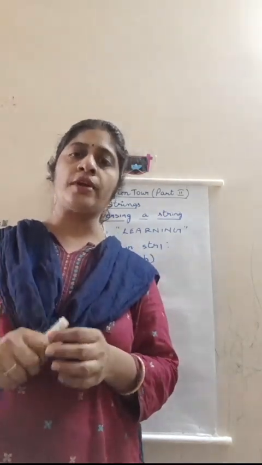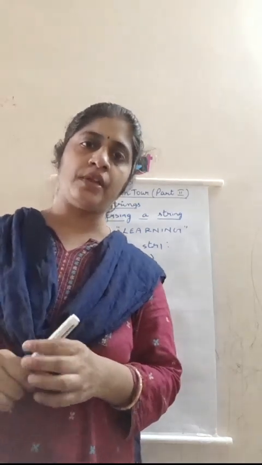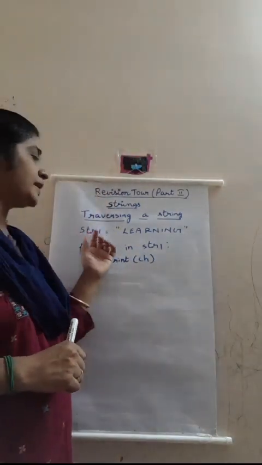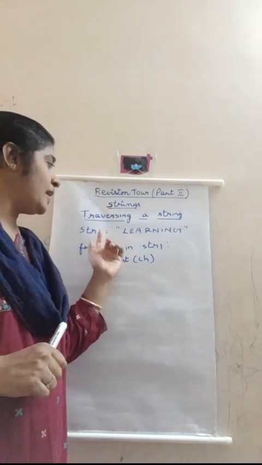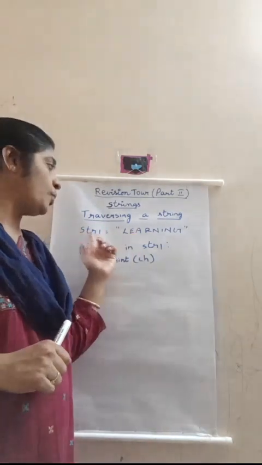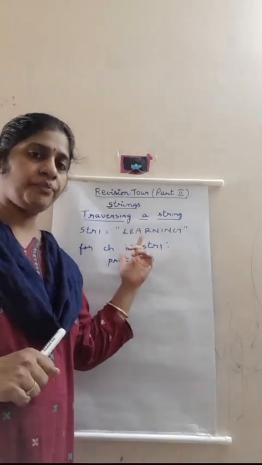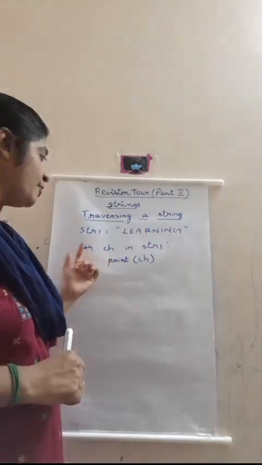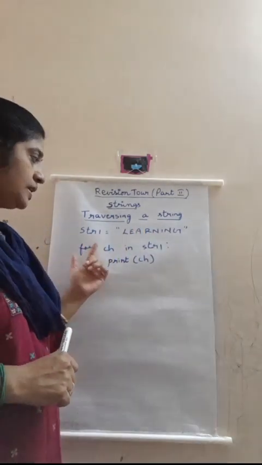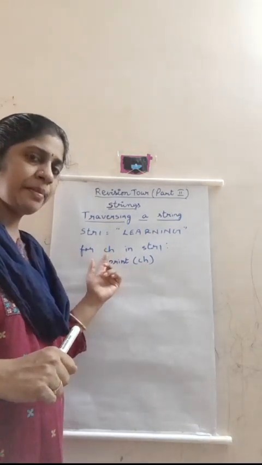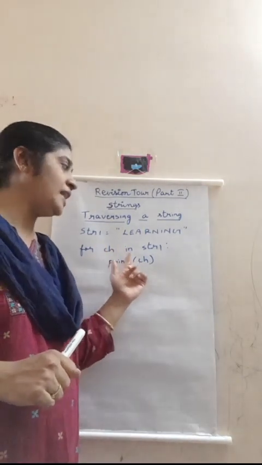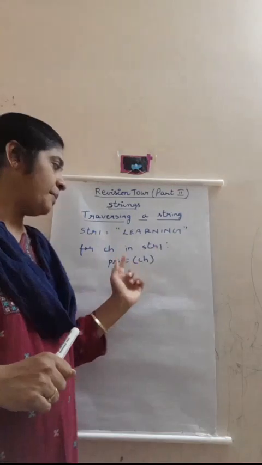We can use for loop for traversing the string. For example, I have got a string and the value I am storing in str1 is learning. And if I want to traverse this string character by character, I can use for loop: for ch, the control variable ch, in str1, print ch.